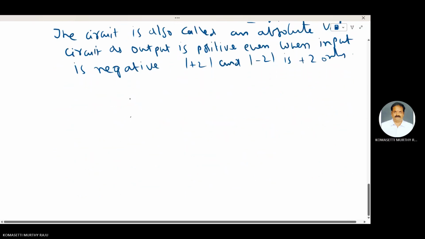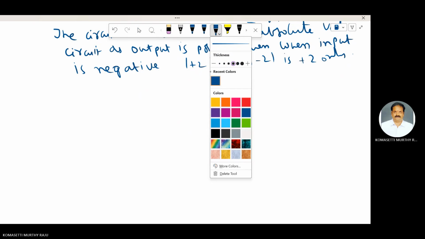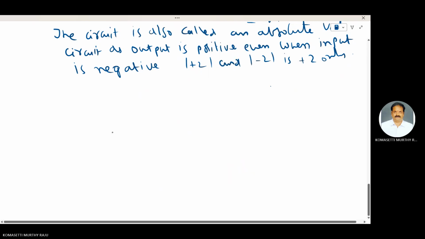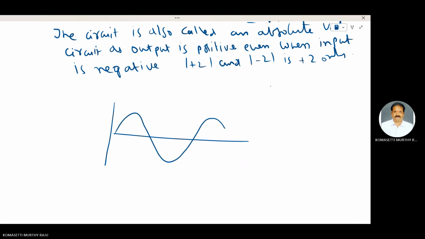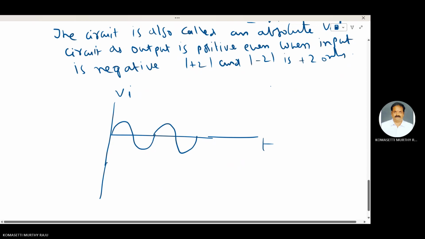This one is the waveform. This one is Vi, t, V naught.